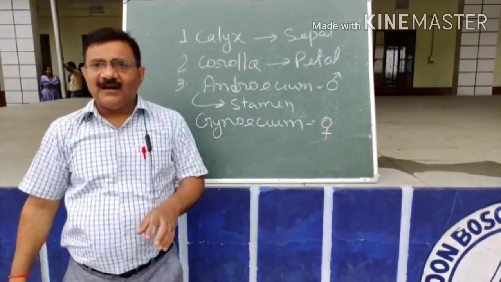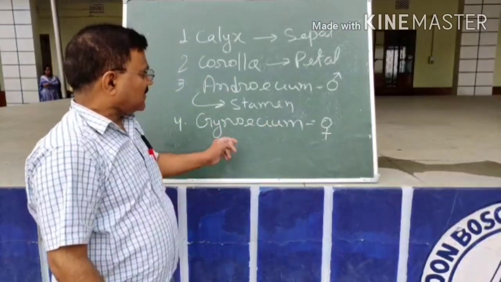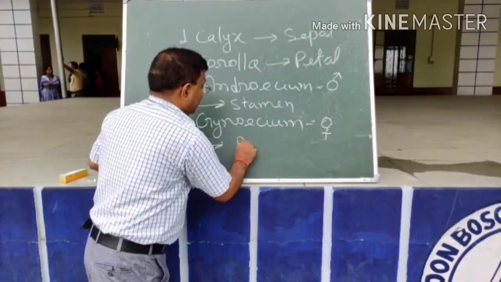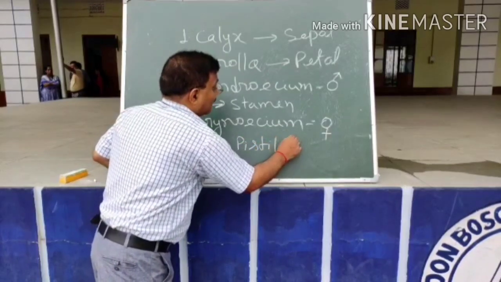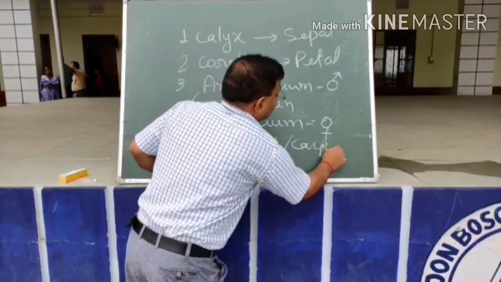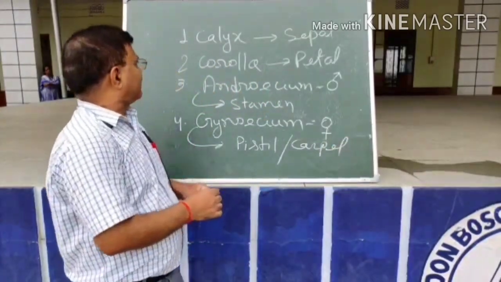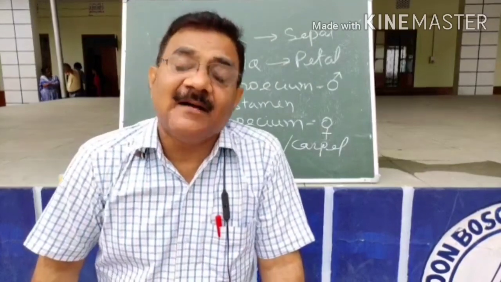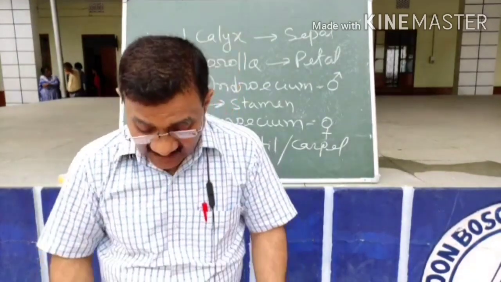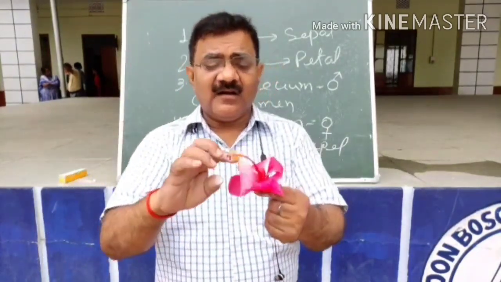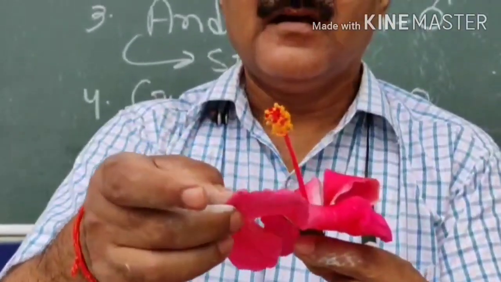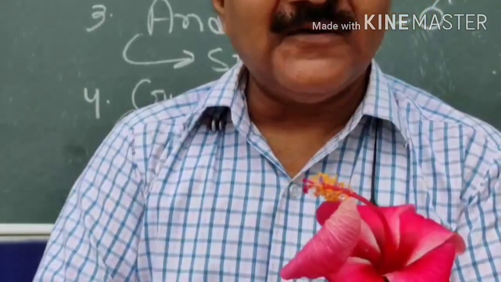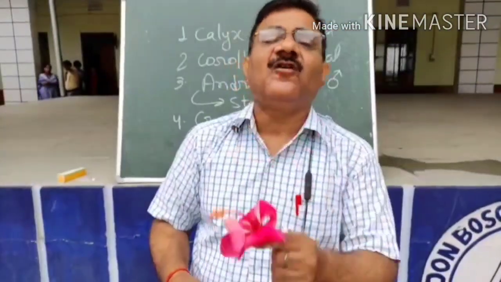Gynoecium is the female part, and 1 unit of gynoecium is pistil or carpel. So dear children, you have seen these 4 whorls, and 4 whorls are there in a complete flower. And I have told that the corolla, meaning petals, are beautiful to attract the insects for pollination.